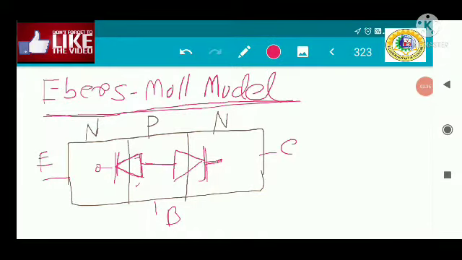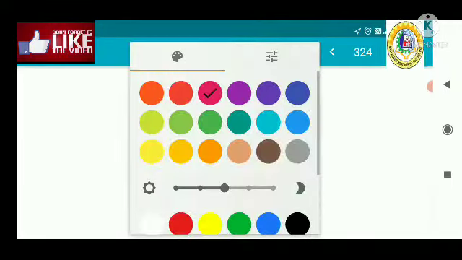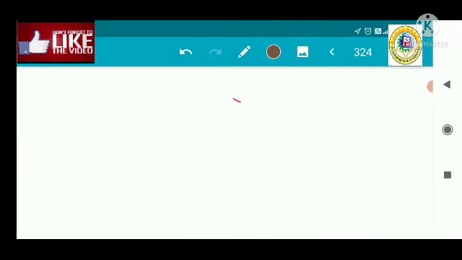Internally we assume that inside the transistor there are two diodes. This is the first thing. The second thing is that whenever you want to draw the transistor in the equivalent form, we draw it in this way.